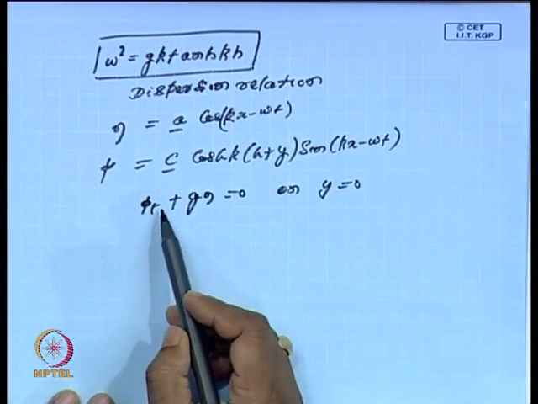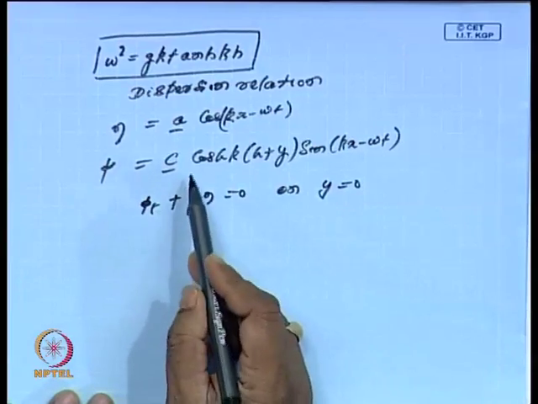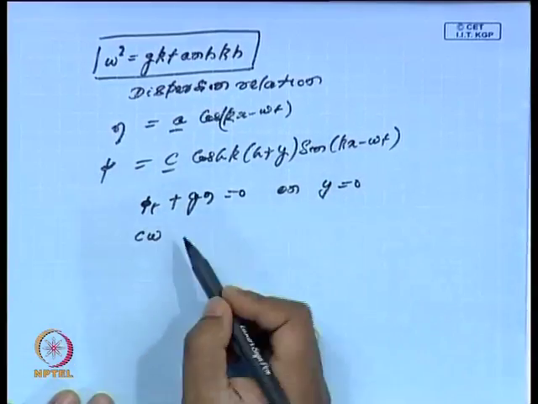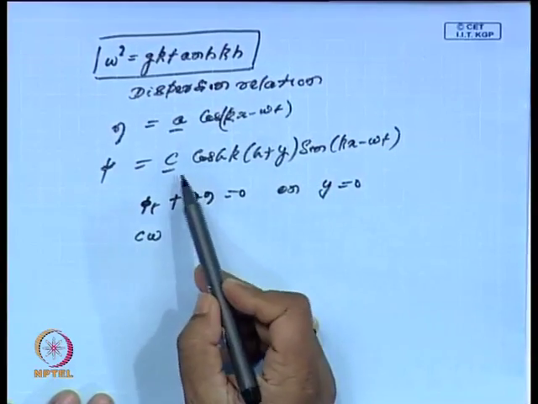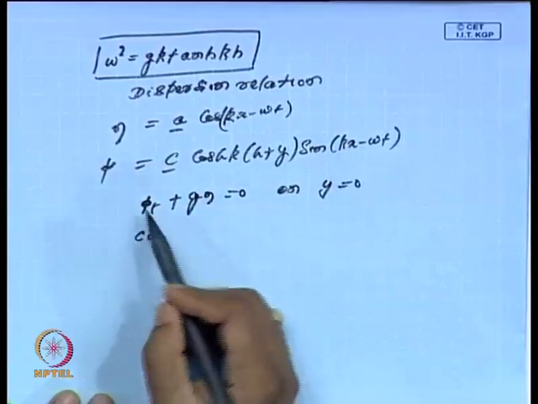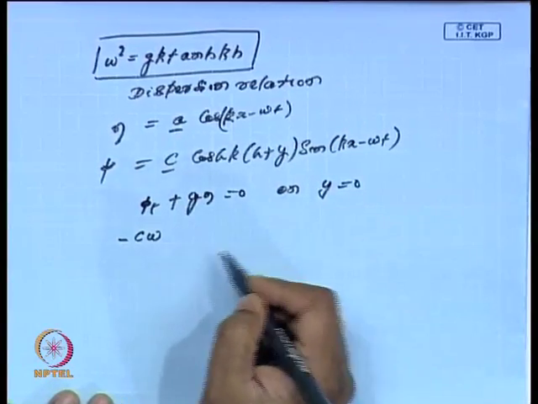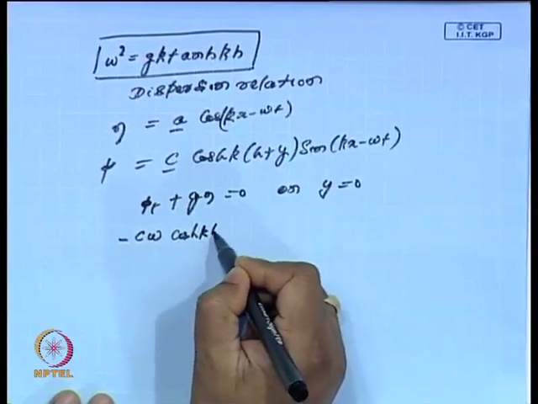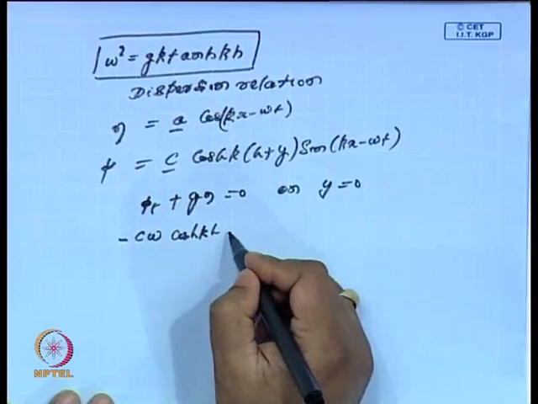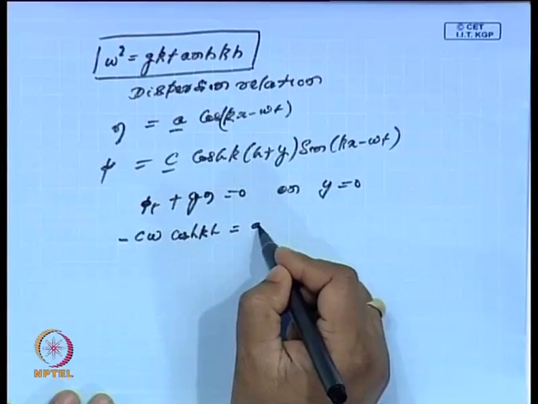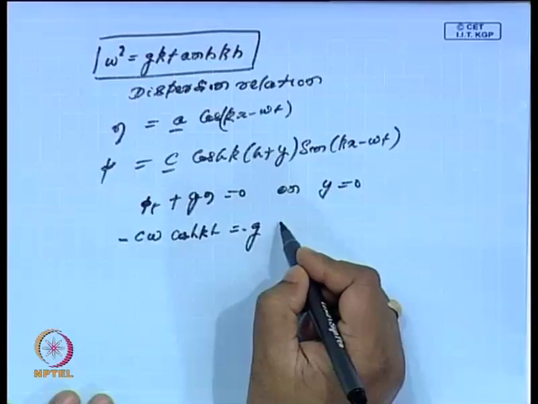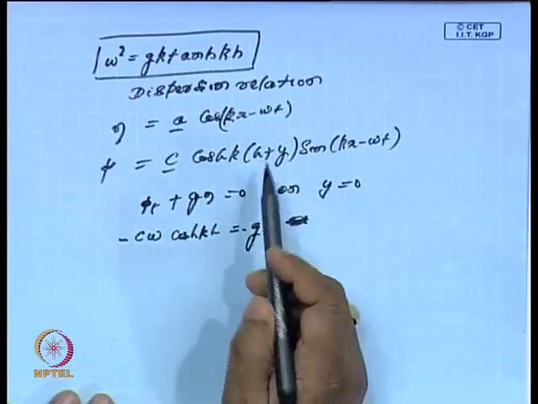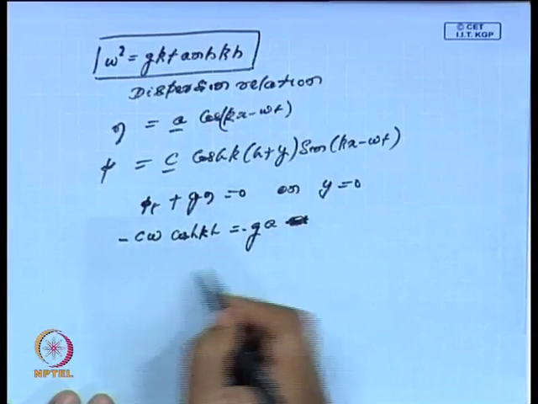If I substitute for phi_t and g eta on y equal to 0, that will give me minus C omega cosh(kh) equal to minus g times a, because cos(kx minus omega t) will get cancelled.